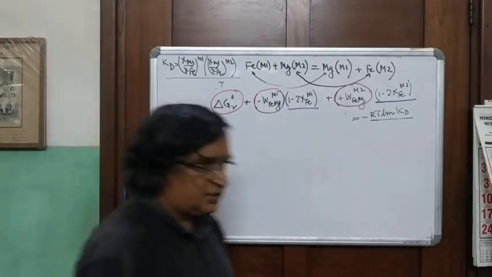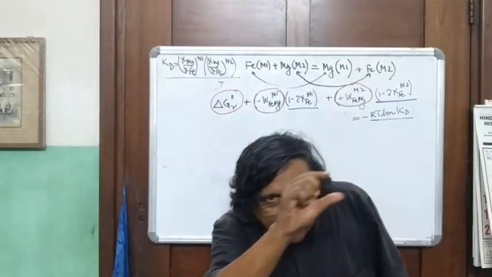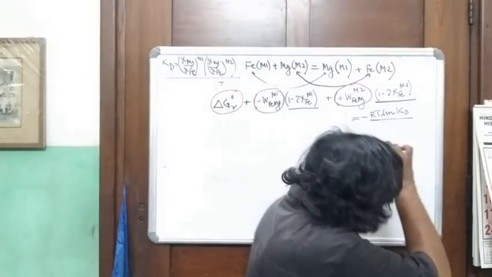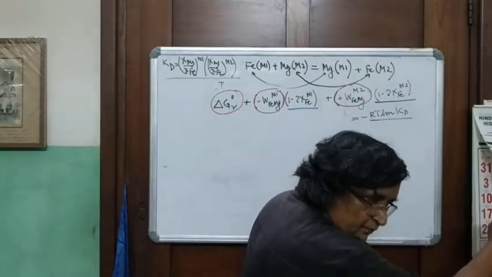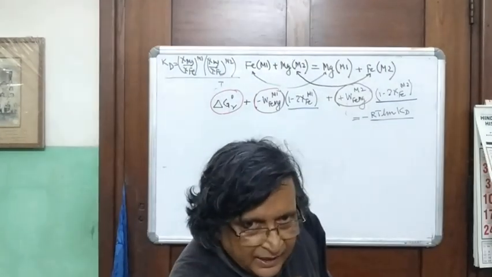Now you can ask me, what we have seen, the two W parameters converge at higher temperature to a similar value. Why similar value?